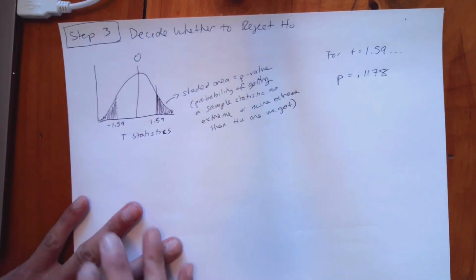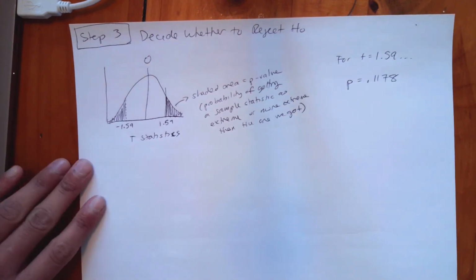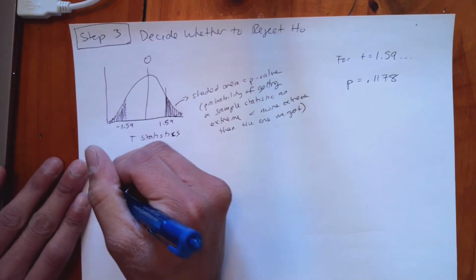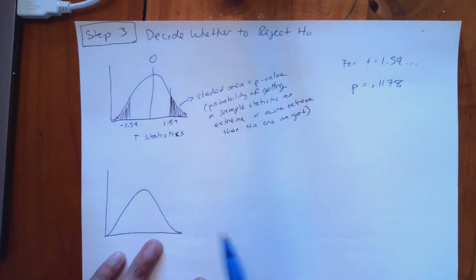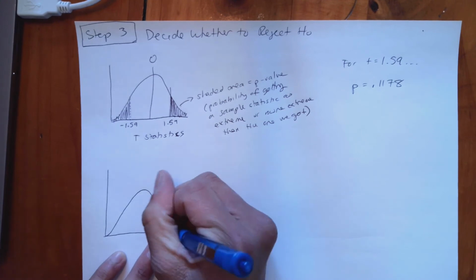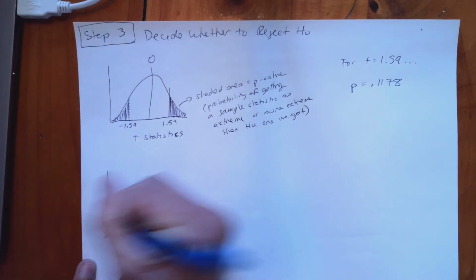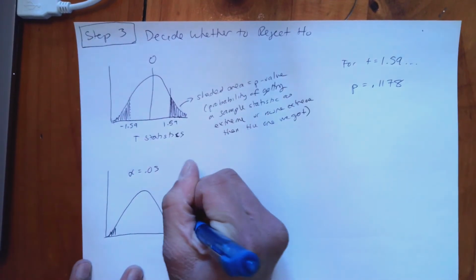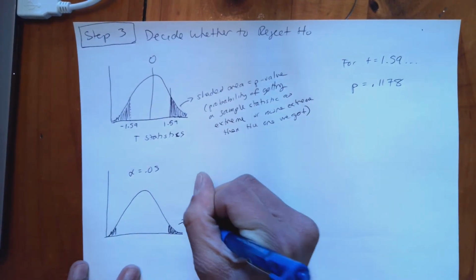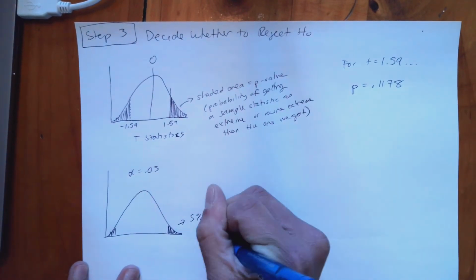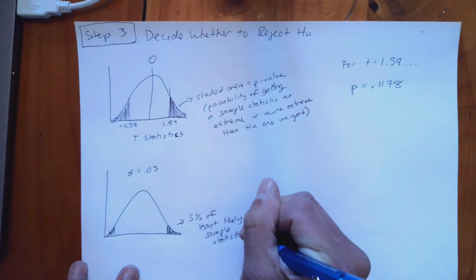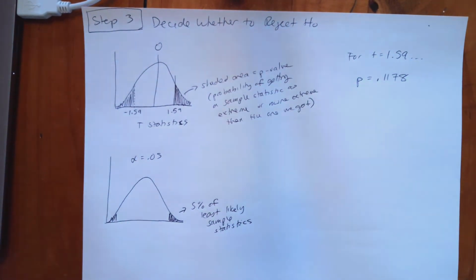All right, so we're almost there, but we're not quite done yet. And if you remember from last week, we use our p-value to tell us whether our sample falls in that really unlikely zone or not. With an alpha level of 0.05, we're only looking at the 5% of least likely sample statistics, as evidence that our population doesn't look like what we're saying in the null hypothesis.